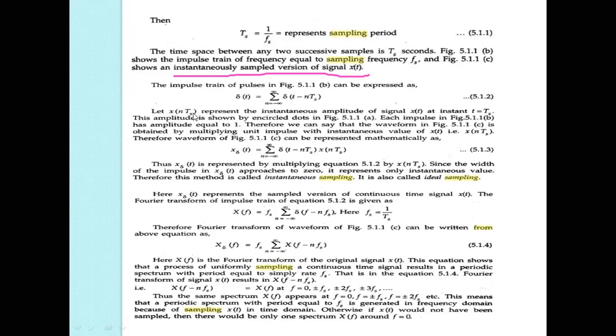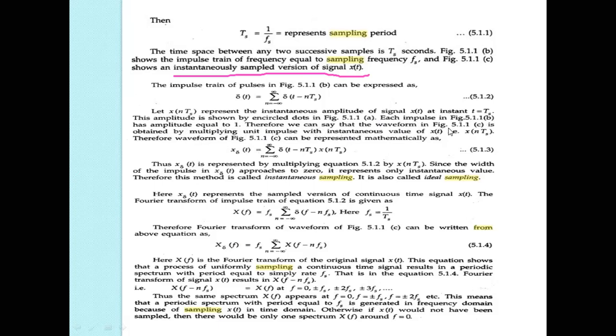Let x of n Ts represent the instantaneous amplitude of the signal x of t at the instant t equal to n Ts. Now the signal after sampling, x of t becomes x of n Ts. The amplitude is shown by encircled dots in figure A. Each impulse has amplitude equal to 1.